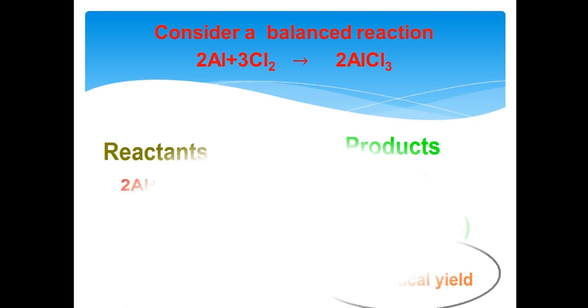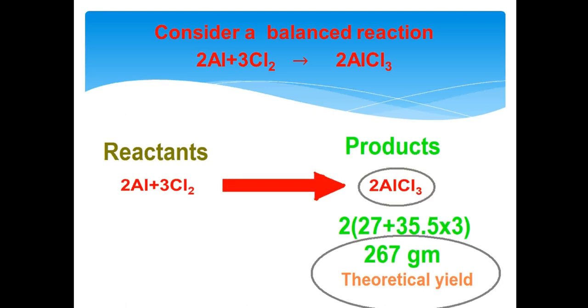By introducing the atomic weights of aluminium 27 and chlorine 35.5, we will get 267 gram of aluminium chloride product. This 267 gram is called theoretical yield of the product.